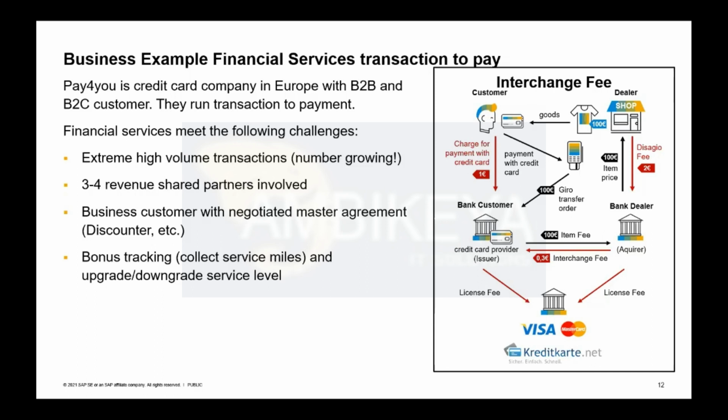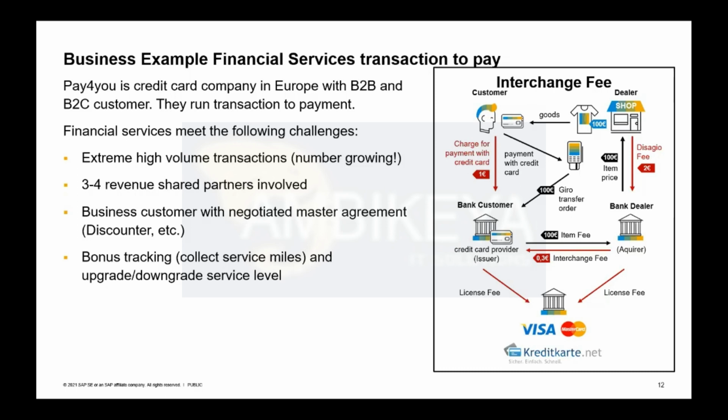And you also have business customers with negotiated master agreements. For example, discounters, or maybe also customers like SAP that use a credit card for their partners and own people. And you also have a very complex bonus tracking.